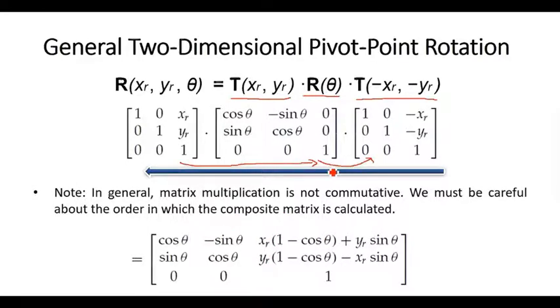Again, the order in which we multiply is very important. Since matrix multiplication is not commutative, we have to be very careful about the order in which we multiply.